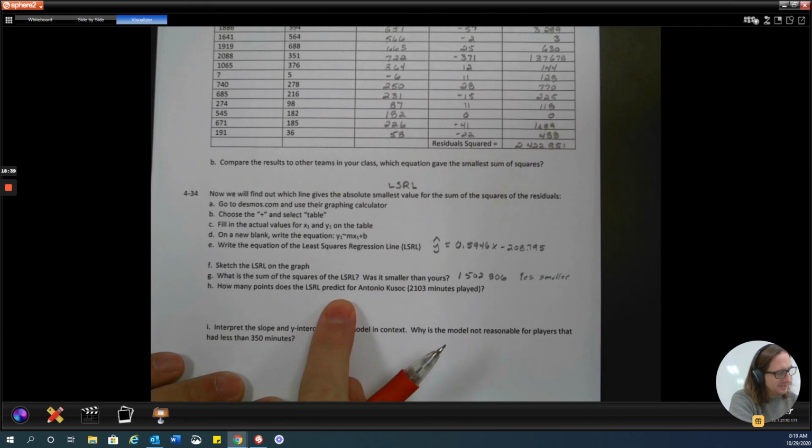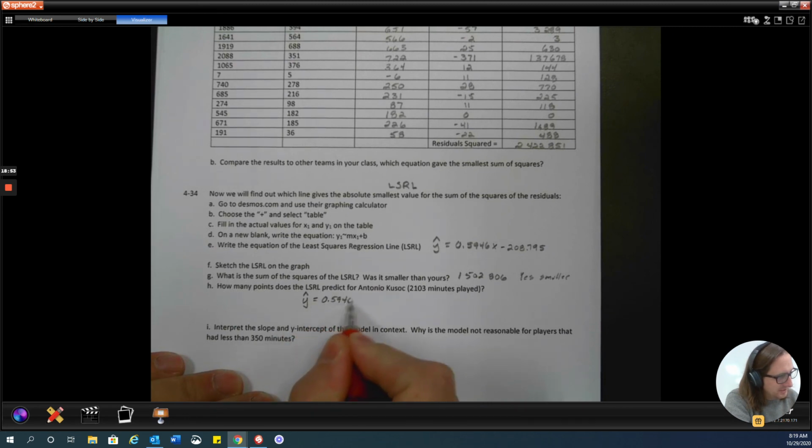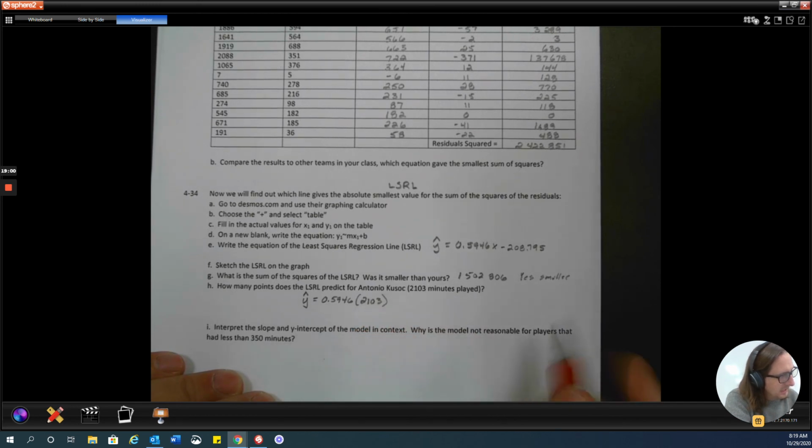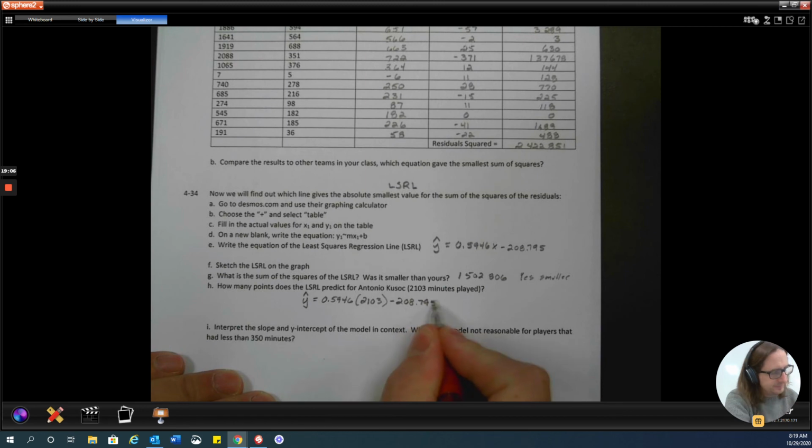Now, how many points does the LSRL predict for Antonio Cusick? Okay, so I would plug that in. My prediction for Antonio is going to be 0.5946 times 2,103 minutes minus 208.795.